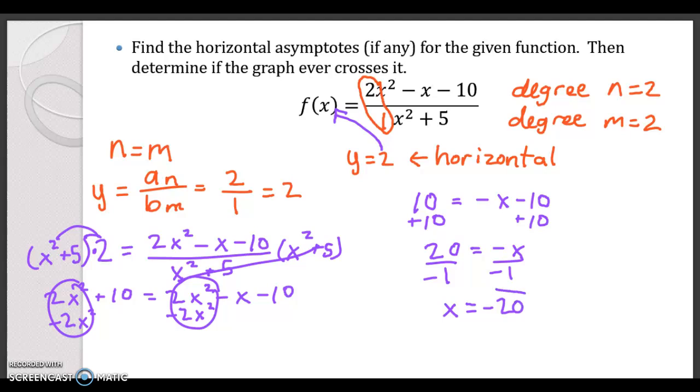Negative 20. So I'm going to have a point that goes through negative 20 and 2. That point is on the horizontal asymptote. So that's where it's going to cross through the horizontal asymptote. Okay, so that's an example of one where it does cross.